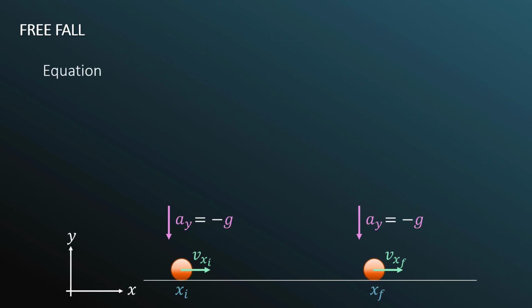Well, we want to know what the final horizontal position is if we know the initial position and the initial speed and the acceleration. So the final position, again, just as before, can't simply be equal to the initial position, because we even see here, it doesn't make sense for the final position to be equal to the initial position. If I roll a ball on a flat surface, it starts with some initial speed.